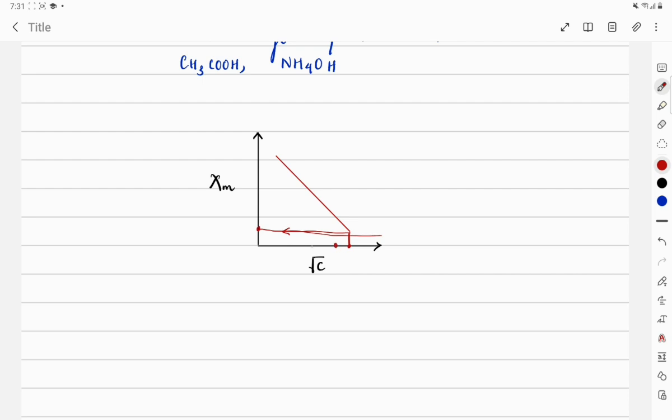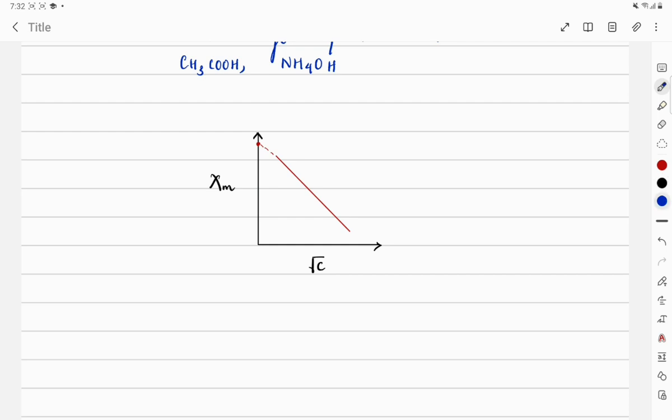As we decrease the concentration, that means on increasing dilution, their molar conductivity kept on increasing. At infinite dilution, when concentration is almost zero, we cannot actually determine the change, so we represent it by a dotted line. But in general, there is a linear increase in lambda m as dilution increases.